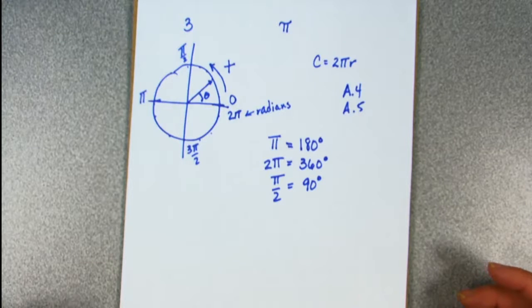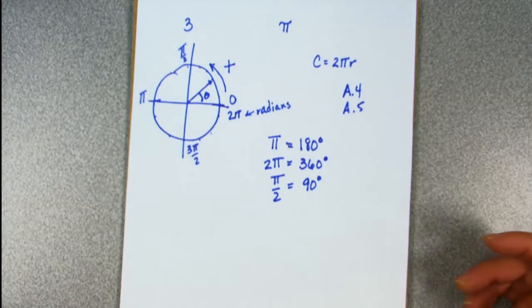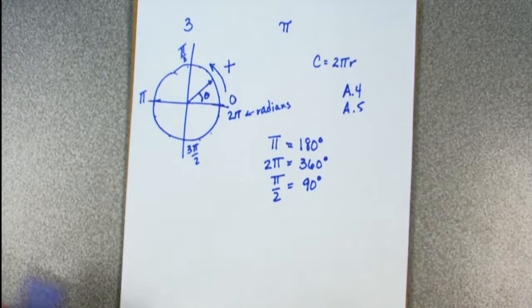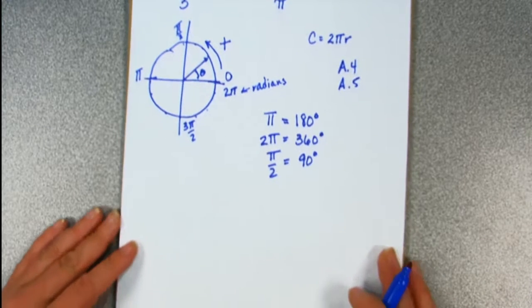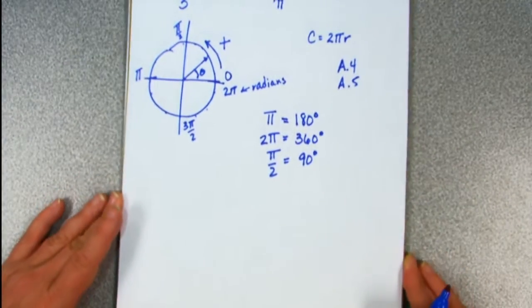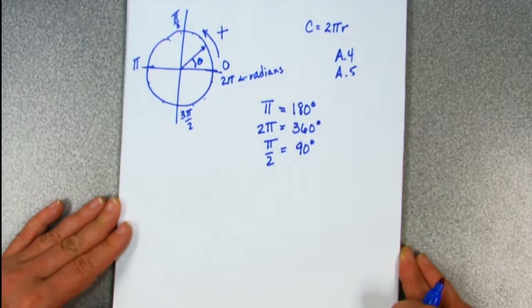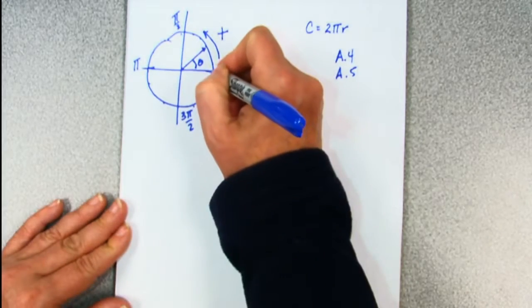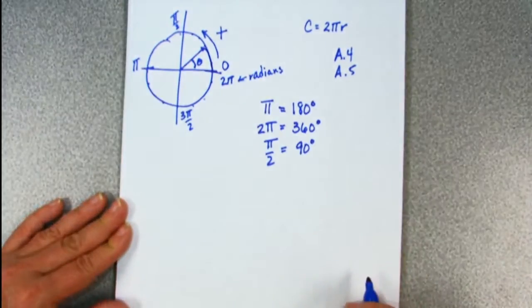You're balancing the forces, and torque is a little different because it's a force acting at a distance. So we have a lot of things with that right-hand rule. Counterclockwise is positive.